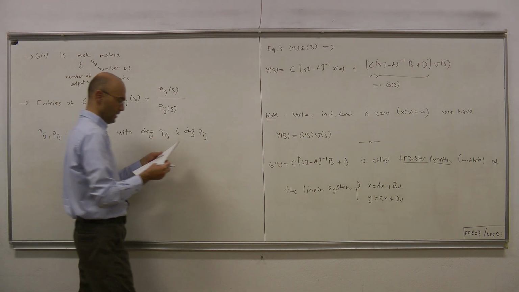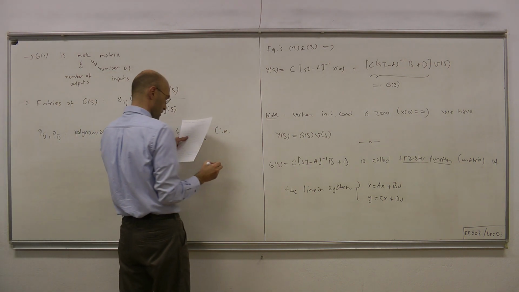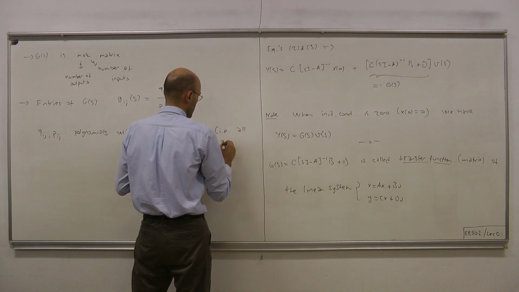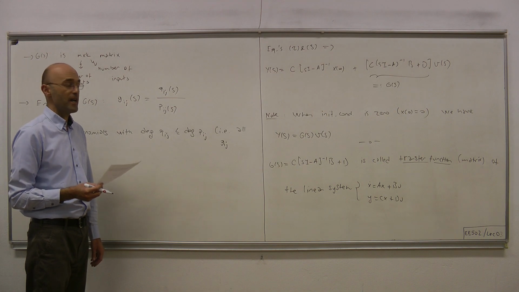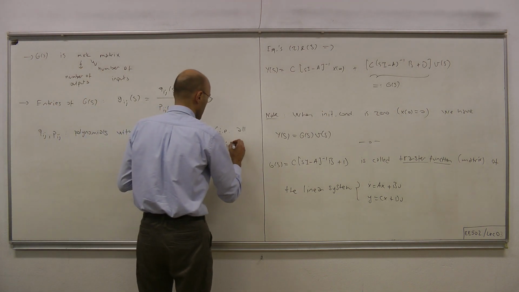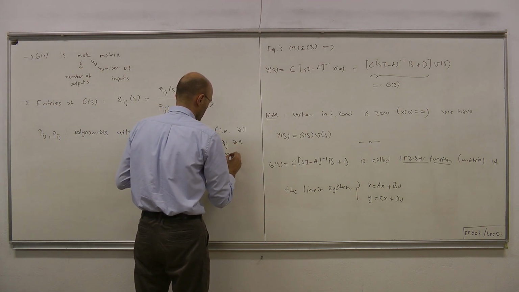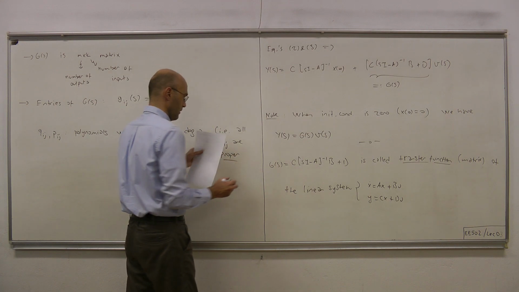That is, all entries of our transfer function matrix, all G_ijs, are so-called proper rational functions.